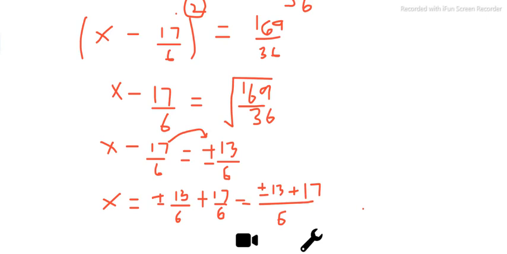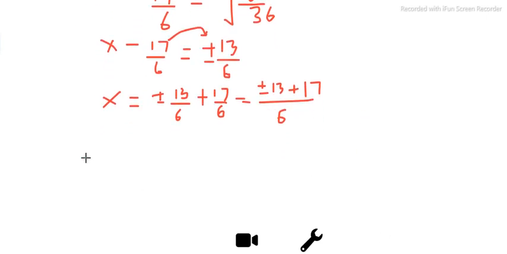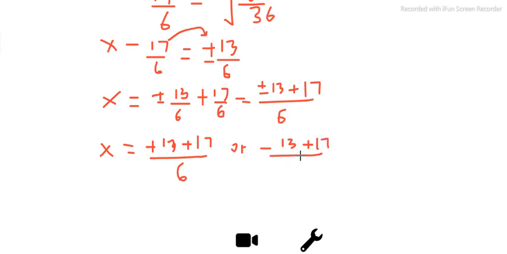So we now split the plus and minus. We can first do the plus: plus 13 plus 17 all over 6, or the minus: minus 13 plus 17 all over 6.